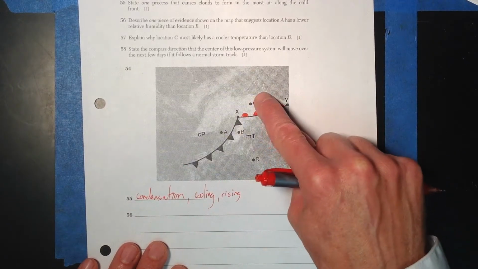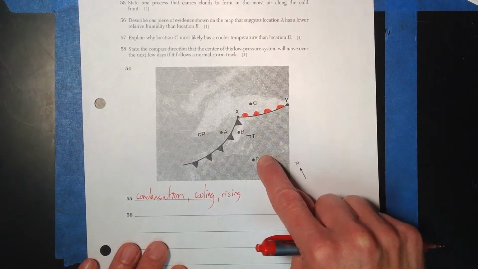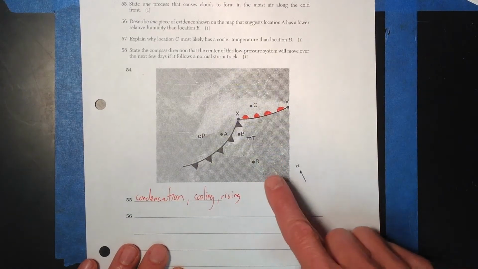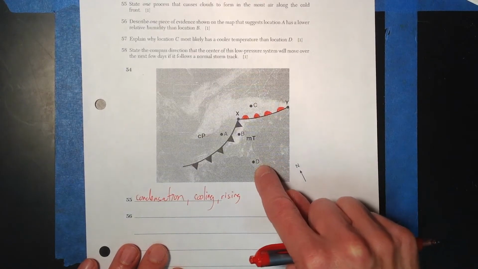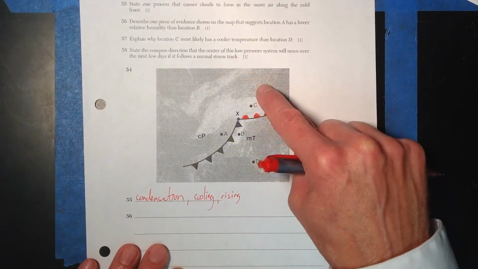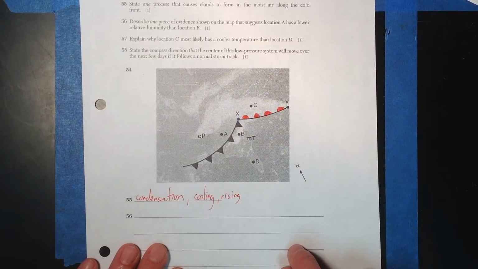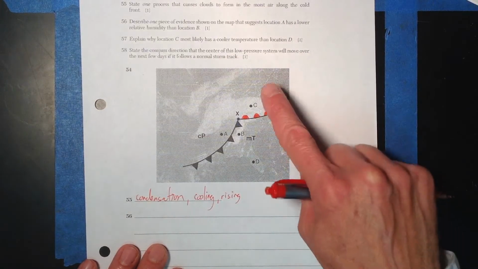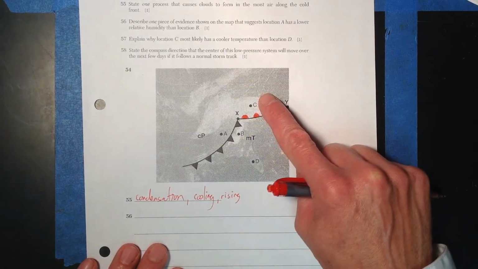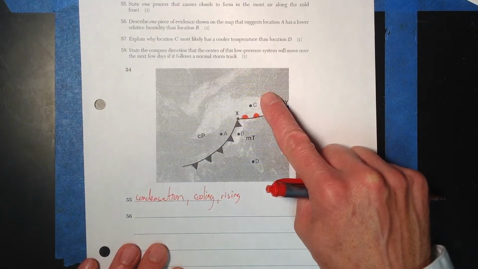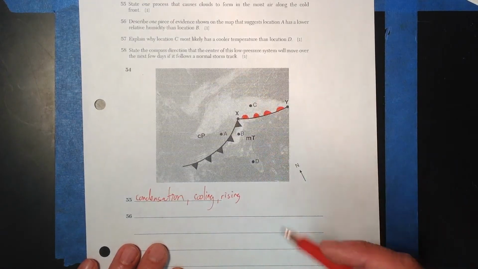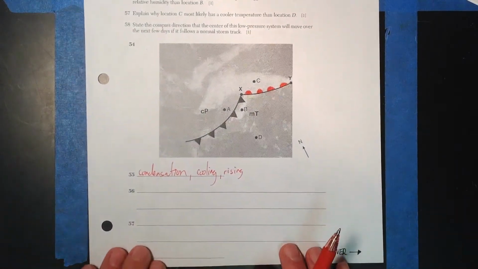Oftentimes I get students that say D is further south, closer to the equator. C is further from the equator, causing it to be cooler. That also works. Those are two best answers. You could theoretically say C is cloudy, blocking out some of the sun. D is not cloudy.